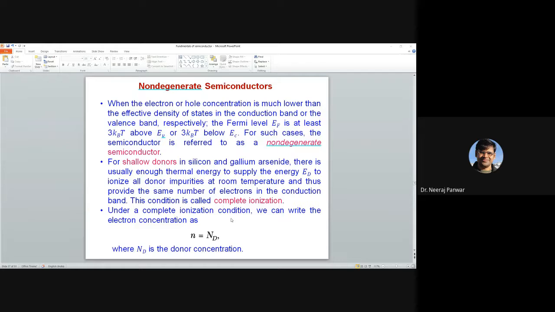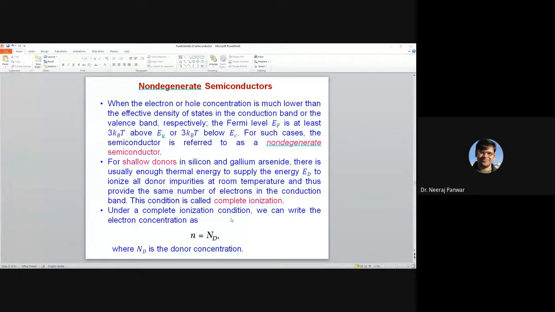So I am saying that N and P type semiconductors will have smaller doping levels if they are non-degenerate semiconductors. Now the question arises, this lower is with respect to what?